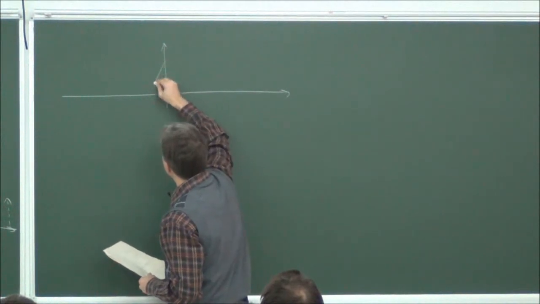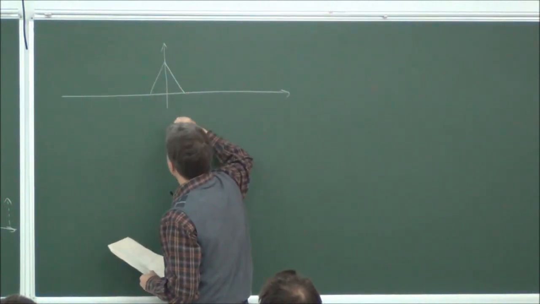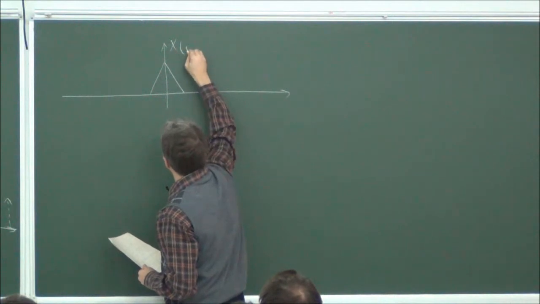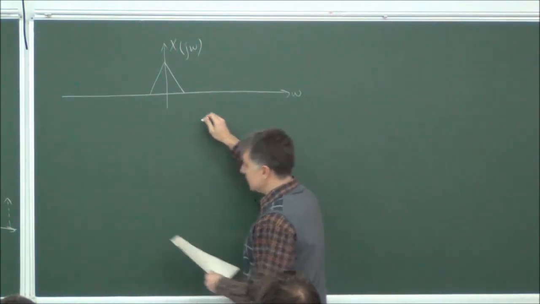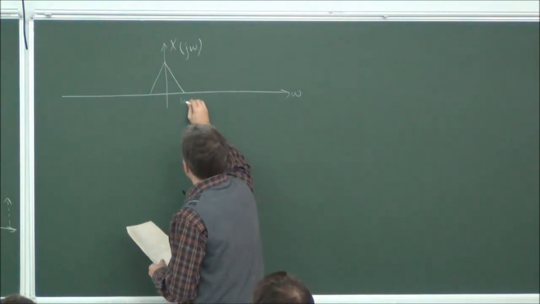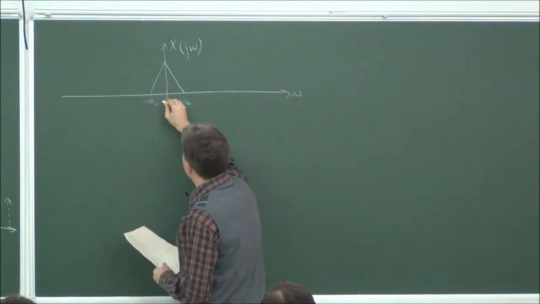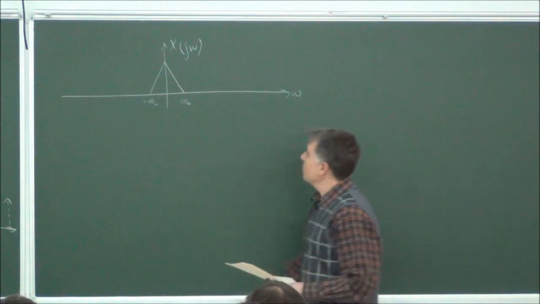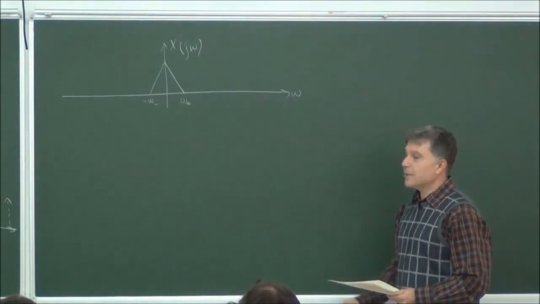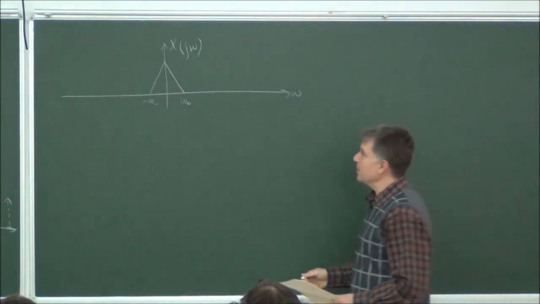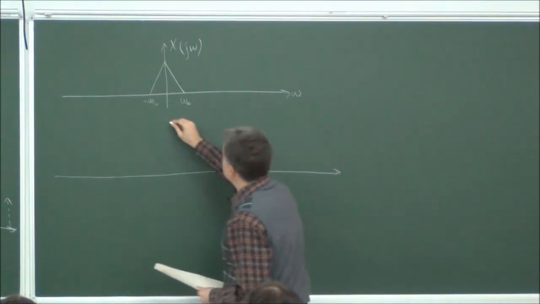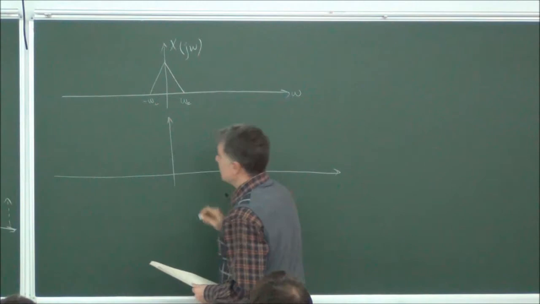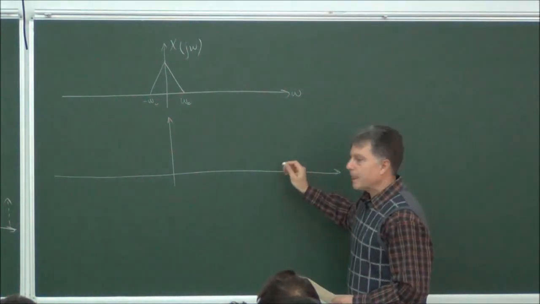For example, this is our original signal spectrum, X of j omega on the omega axis. It has some band limits from minus omega c to omega c. It must be band limited, otherwise you cannot sample it anyway. By multiplying with an impulse train, what we get will be replicas of this thing.